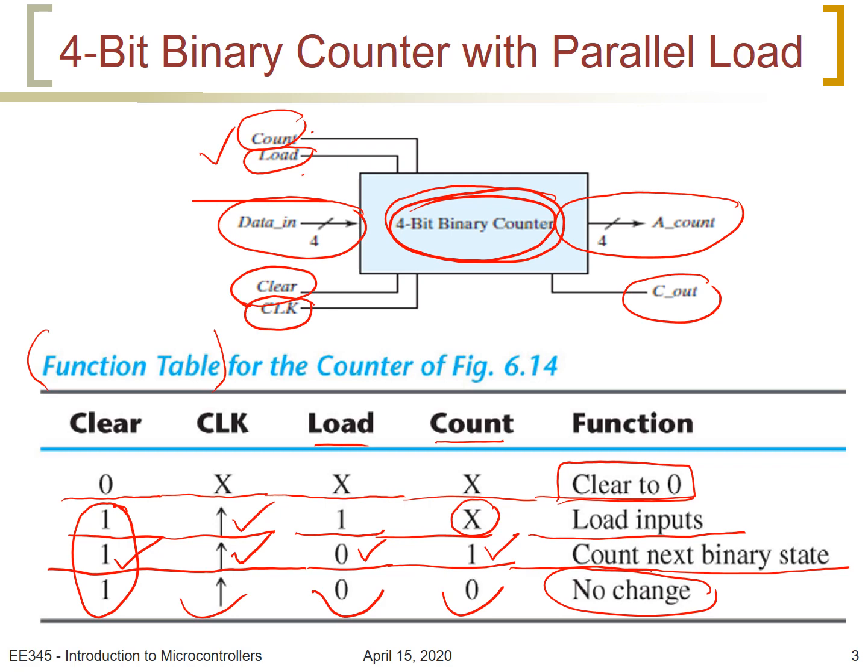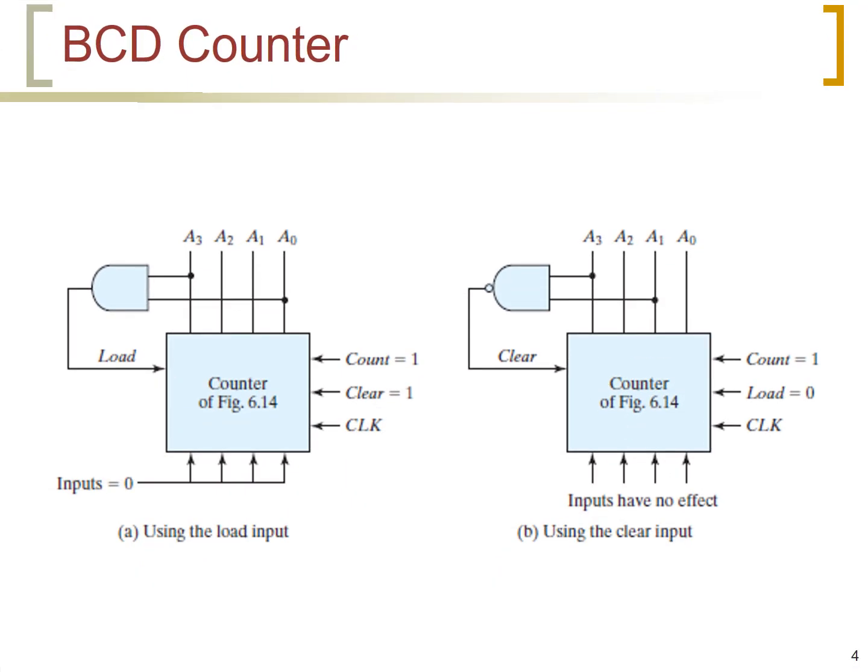We mentioned that this counter is general purpose, so we can actually use it in many different ways. We'll take 2 examples here of constructing a binary coded decimal counter using this counter. In the 2 cases, it is connected as follows. The first one, we connect all the inputs to zeros, and we connect the other inputs as follows.